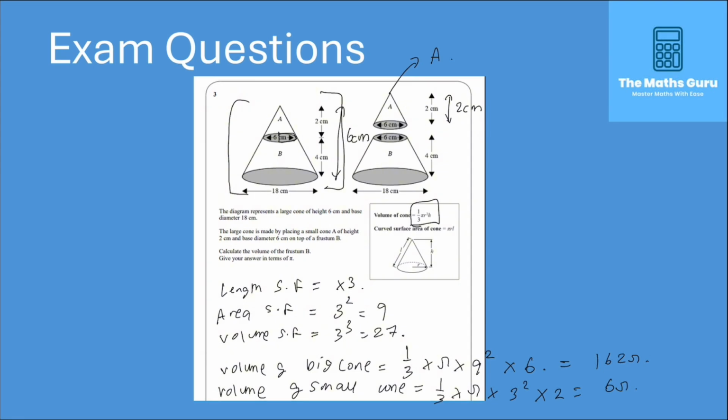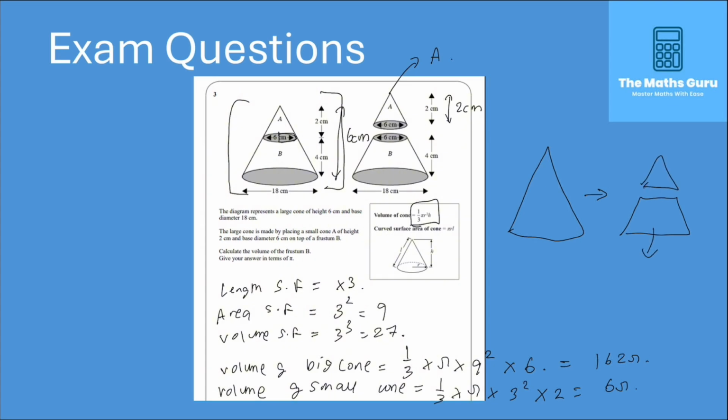Now, to work out the volume of the frustum, we can see from our question that the smaller cone is put on top of the frustum. So we have our larger cone, which can be broken down into a frustum shape and a small cone.